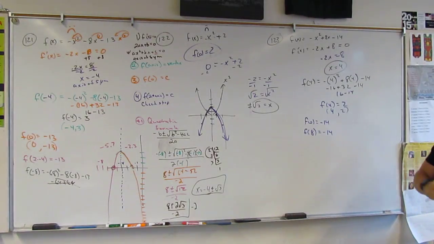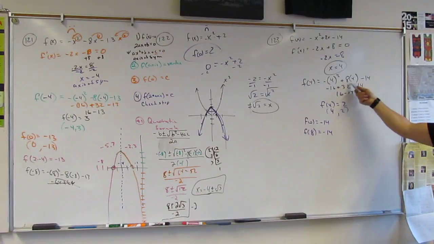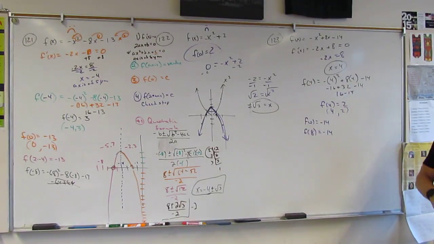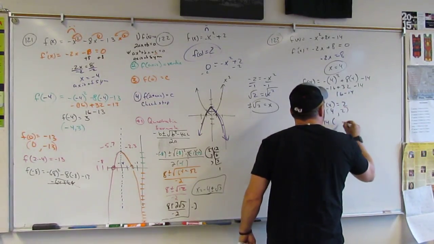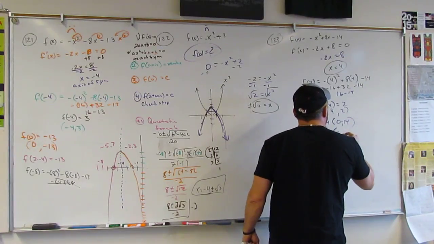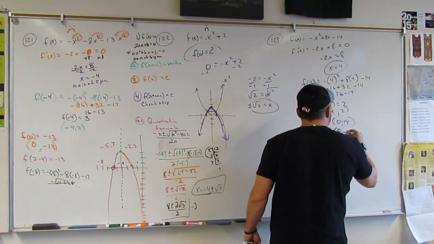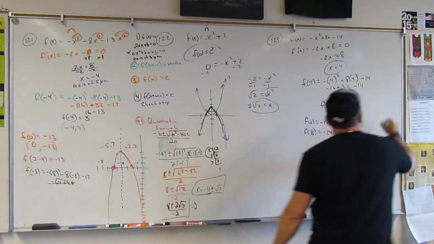And then that would be negative 64. What's 8 times 8? 64. So they subtract to be 0. So this is good. So we got 2 points here: 0 and negative 14, and 8 and negative 14. So now we just got to graph that.